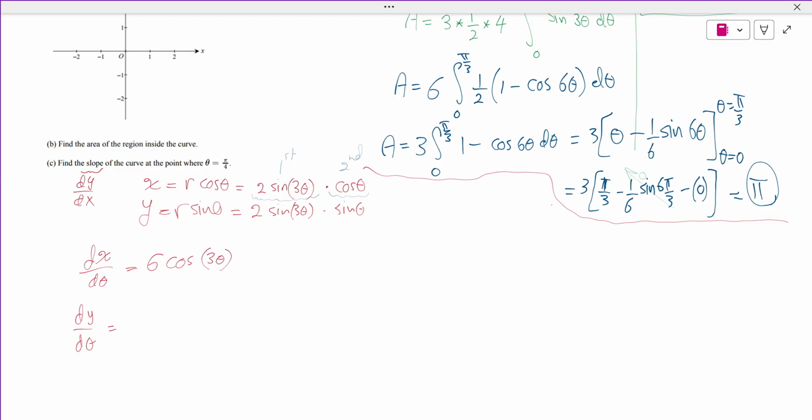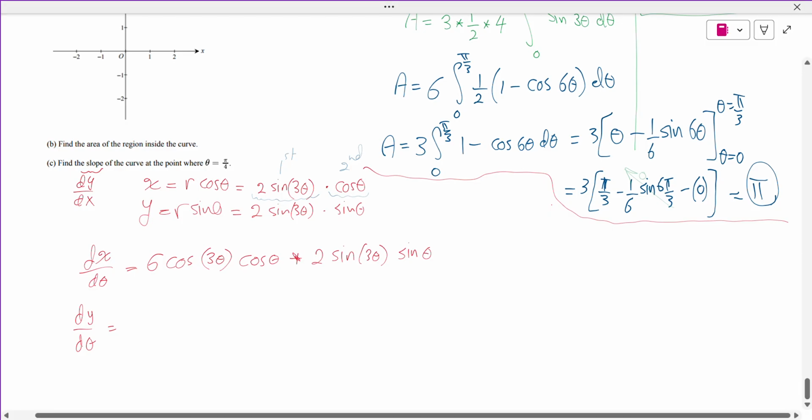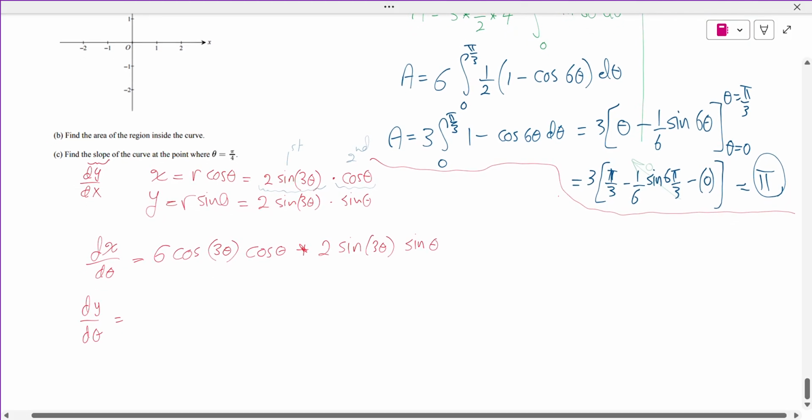We differentiated the first, leave the second, plus leave the first, differentiate the second. The derivative of cosine is minus sine. So minus sine here.